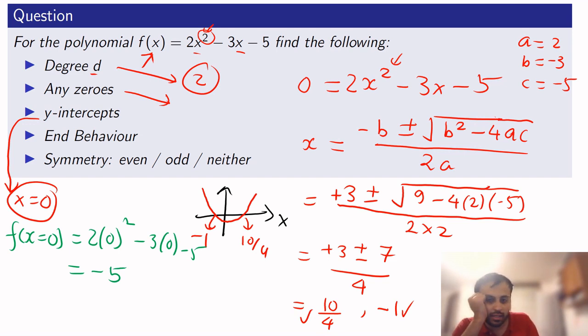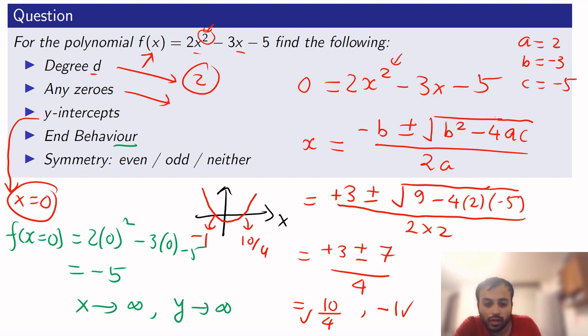You can see that this has +2, so the parabola opens upwards. So the end behavior means that as x goes towards infinity, y will also go towards infinity. If you cannot figure it out, maybe you can quickly draw this graph to find it out.